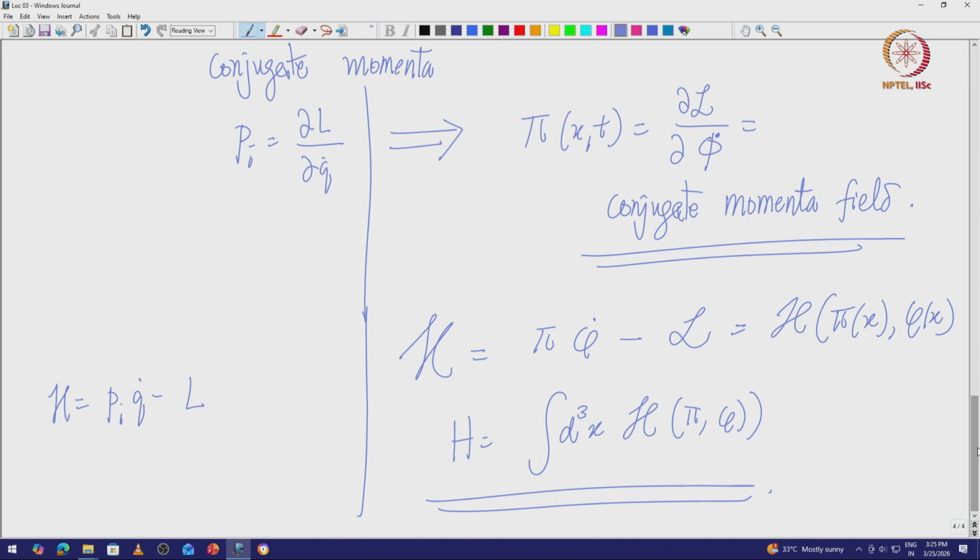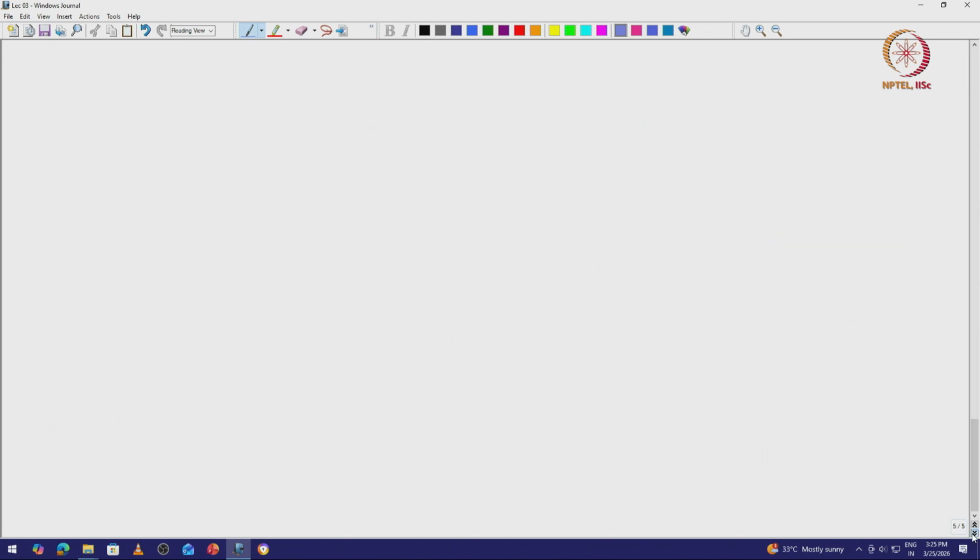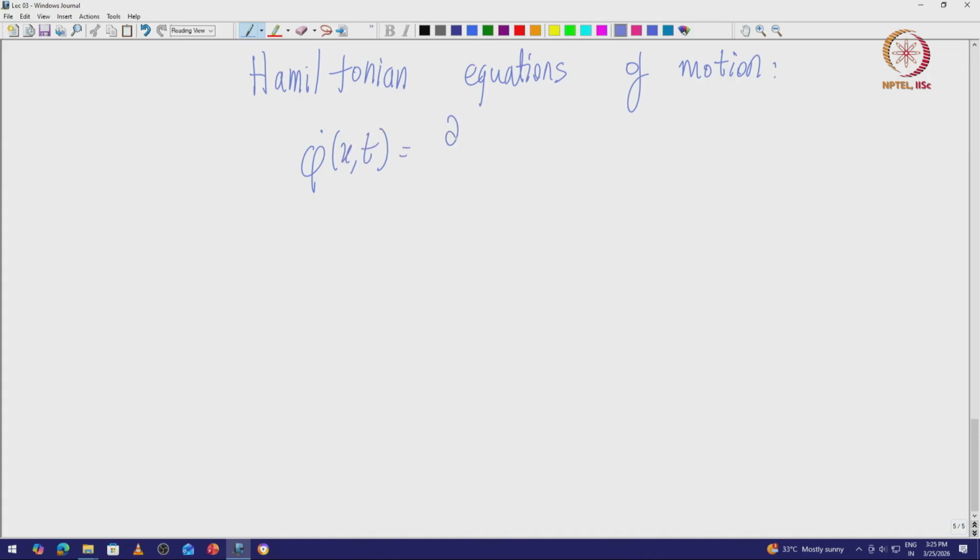So now I also define the Hamiltonian equations of motion, which is given by phi dot of x t is equal to del h by del pi, and pi dot of x t is equal to minus del h by del phi.